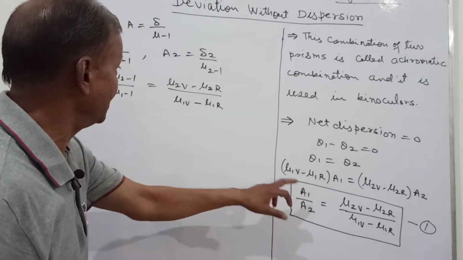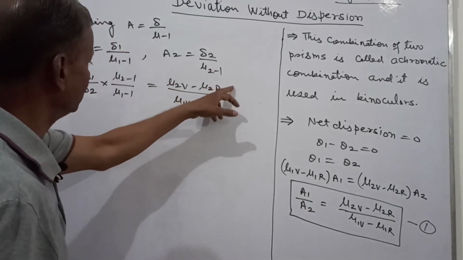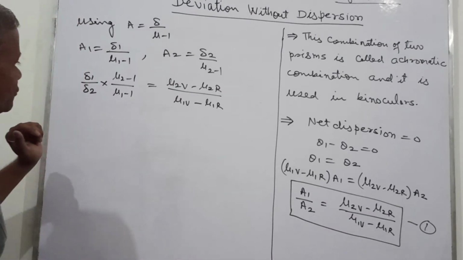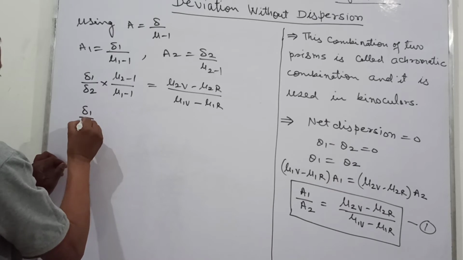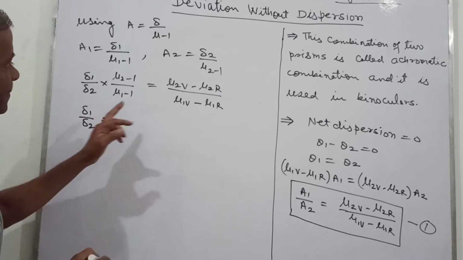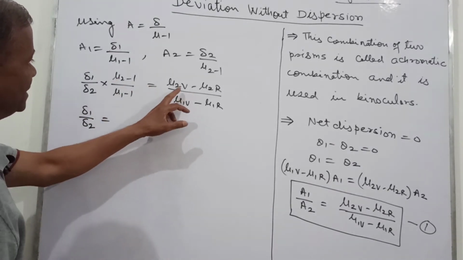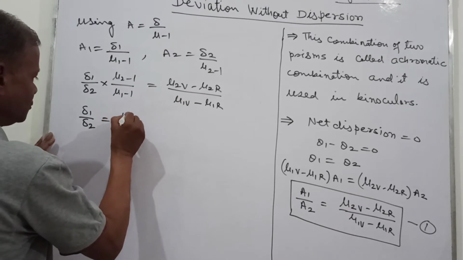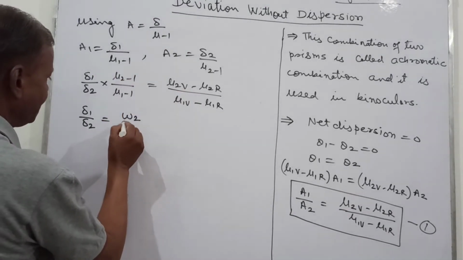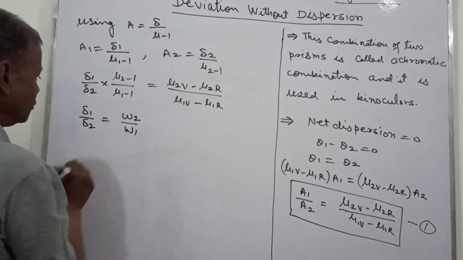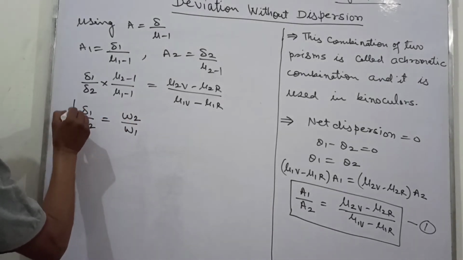In equation first, I have put the value of A1 and A2. Then this becomes like this one. And you can see from here that delta 1 upon delta 2 is equal to omega 2 upon omega 1. This is the required condition.